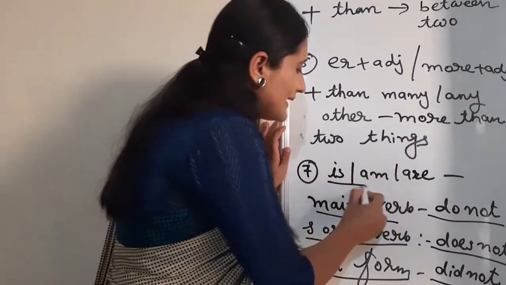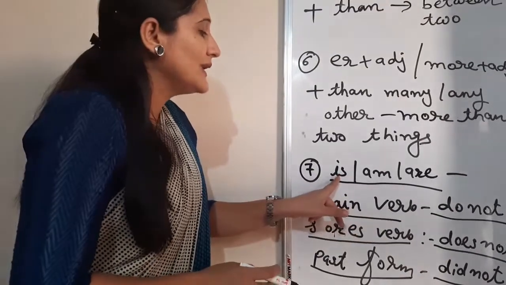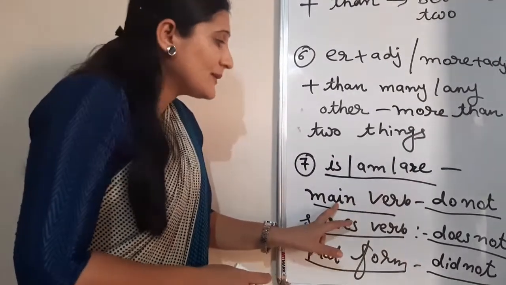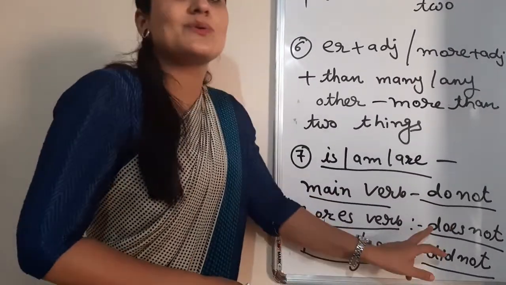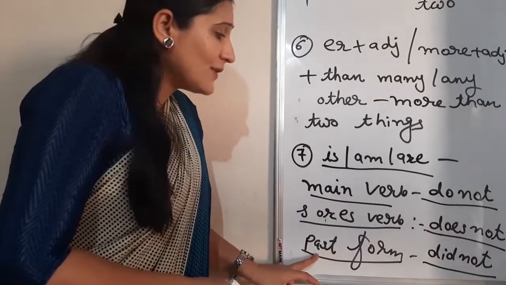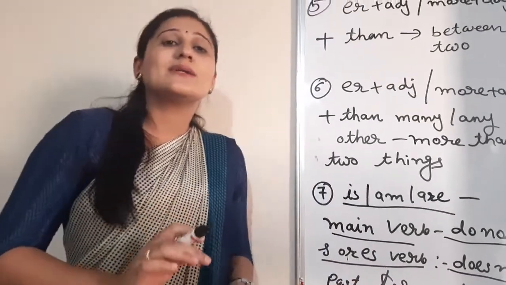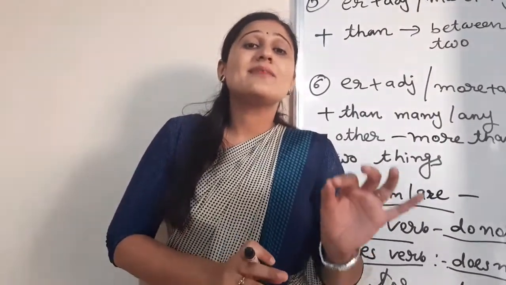And then if is, am, are are given, don't forget you need to write is not, am not, are not. But if a main verb is given, you need to write do not. If S or ES, you need to write does not. And if a past form is given, you need to write did not. I hope you have understood how many rules I have explained: seven rules.